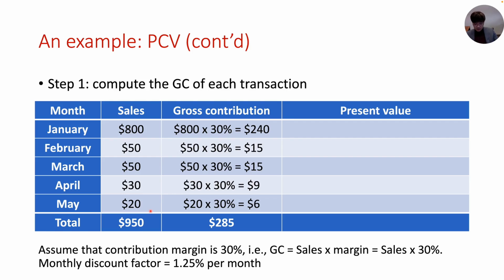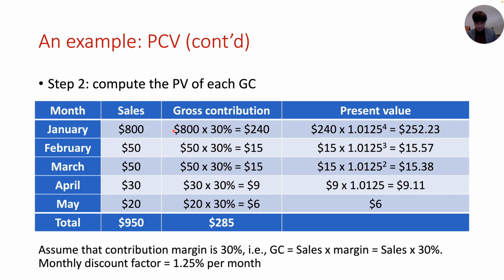Instead, the 30% contribution margin is given. That is, profits are about 30% of the sales value. With this margin information, we can compute the gross contribution in each month.